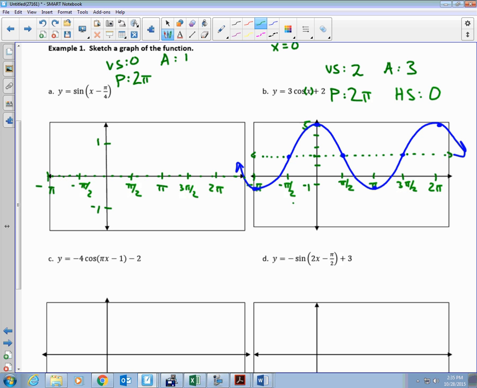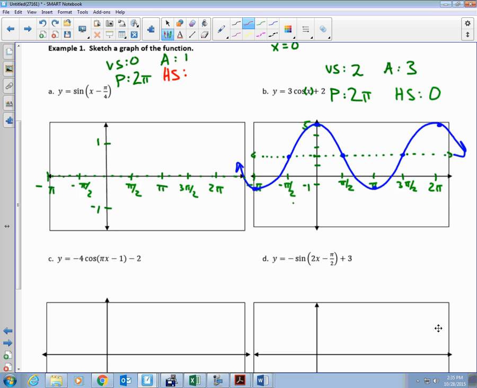These are bad graphs. I didn't redo them from last year, so sorry about that. Okay, here we go. Now it says that what's the horizontal shift?